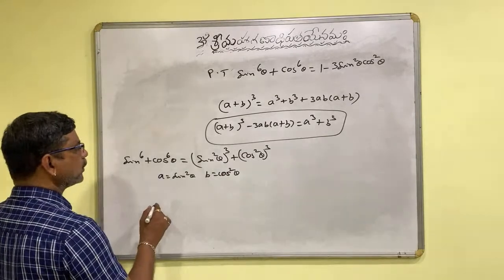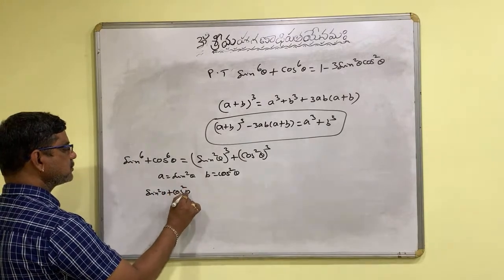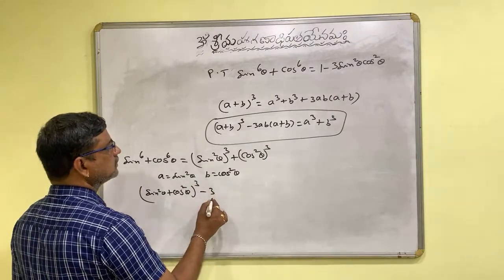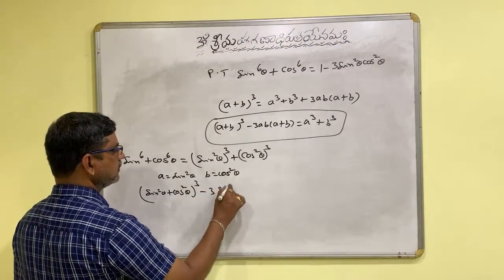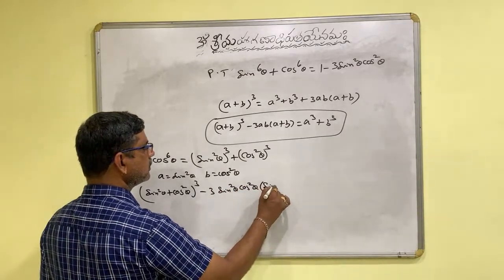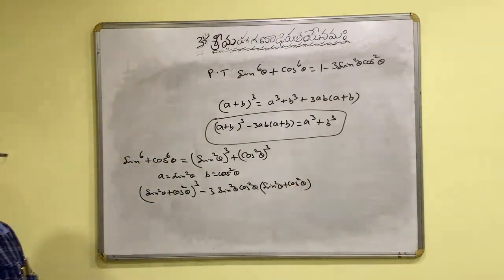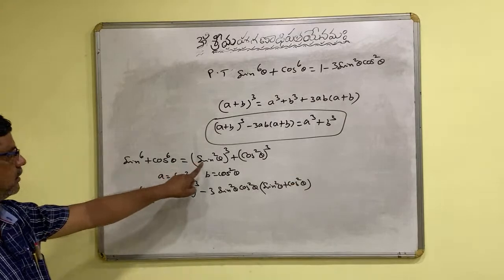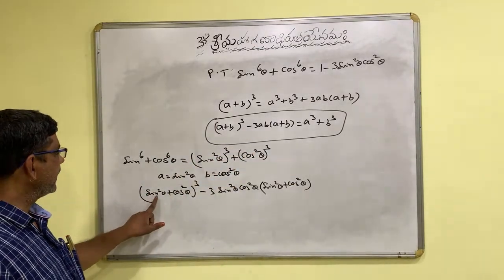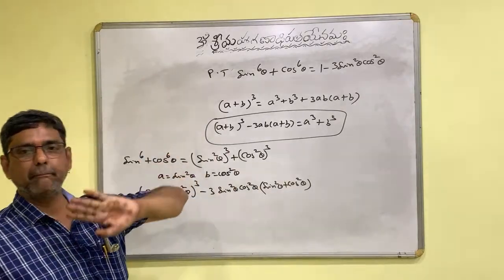So a plus b whole cube means sin square theta plus cos square theta whole cube minus 3ab into a plus b.